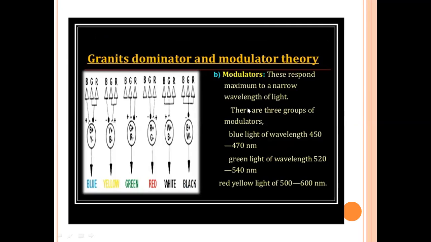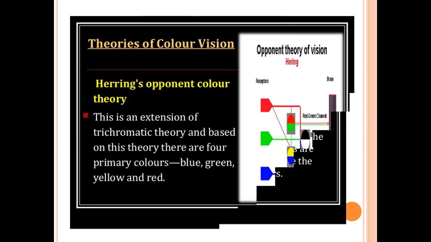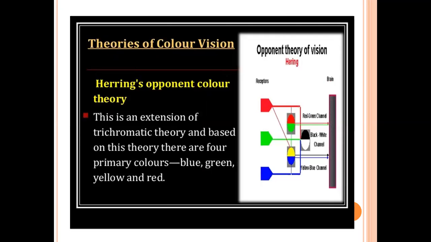Okay. So the modulator cells can activate different cells; the X type of ganglion cell receives the signals from the modulator cells, and they are responsible for the different colors.